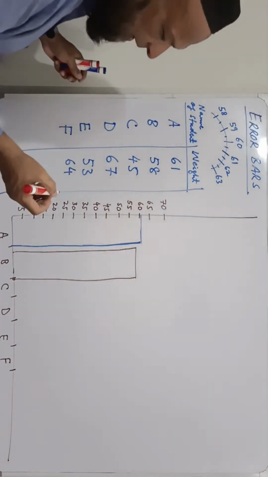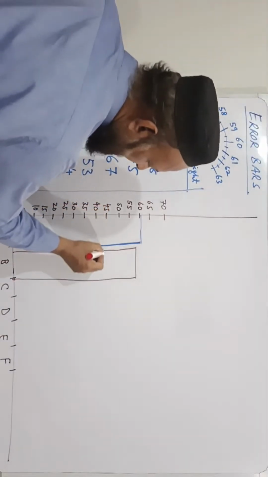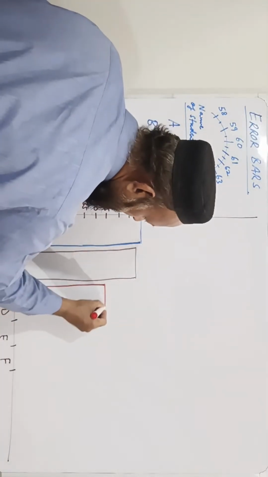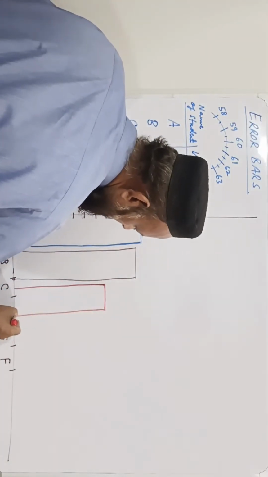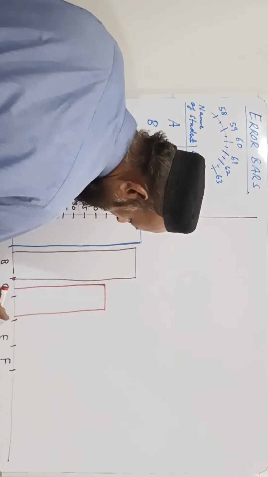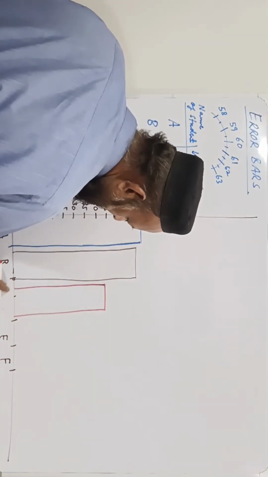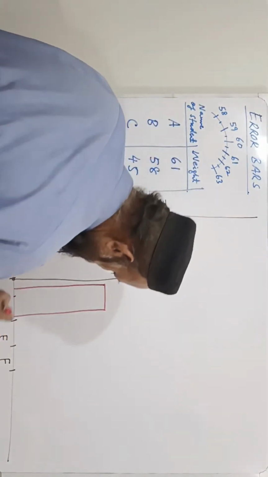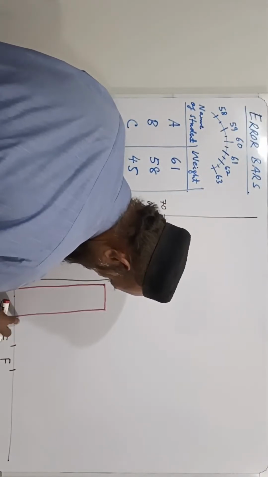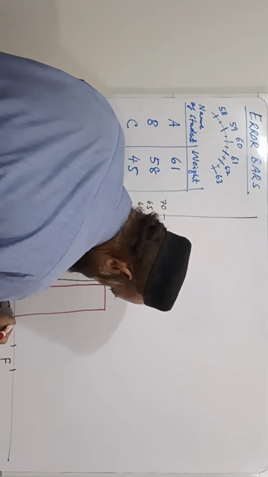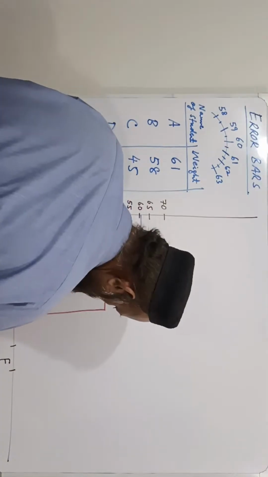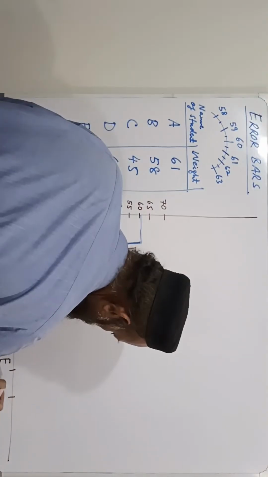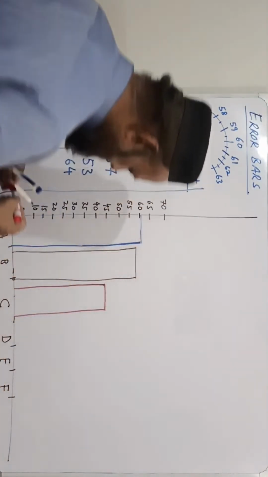C is 45. This is 45. This is C. As I told you, I am leaving some space between them. So that's why these are changed slightly. This is C. And D will come over here. This will be E. And then F will move further.